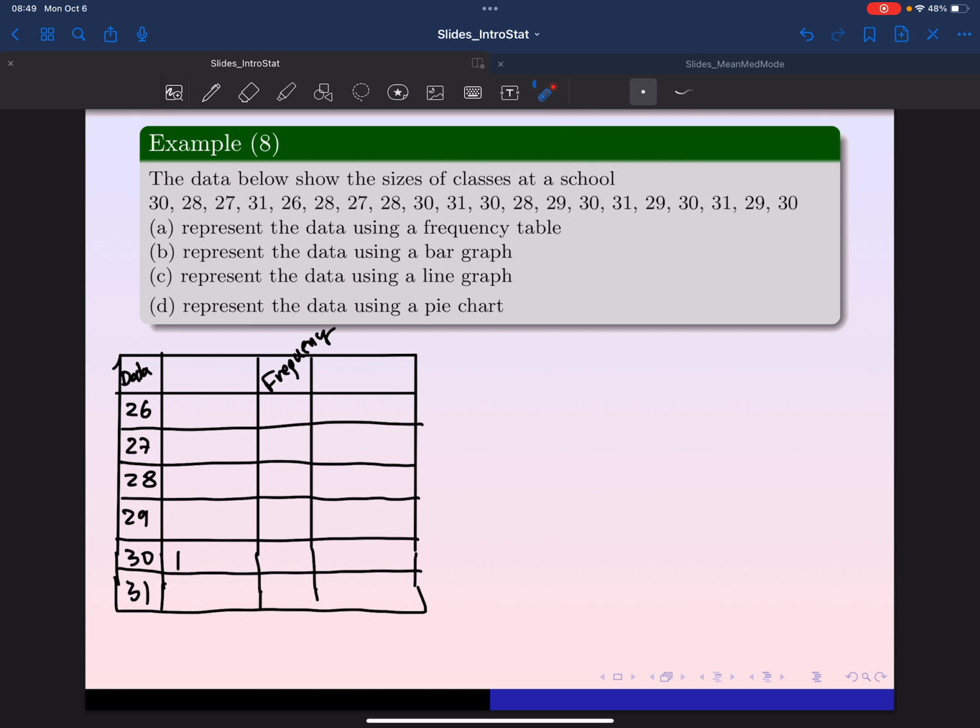Then I have 28, so I put one tick by 28, 27.